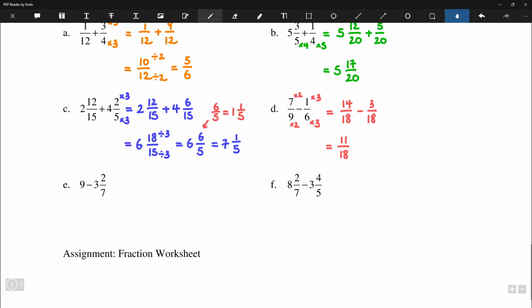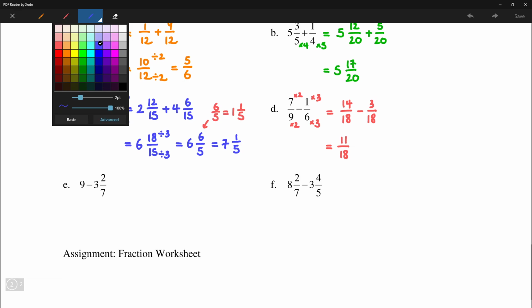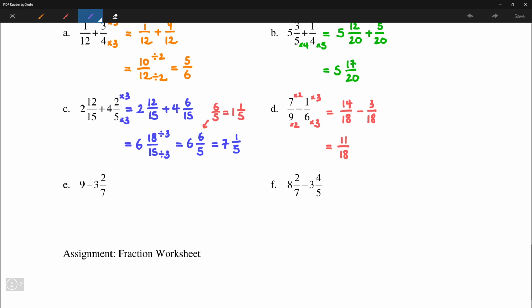This next one is interesting. We have a whole number, a 9, and then minus 3 and 2/7. So one way to do this is to rewrite one of the 9 whole numbers as a fraction. So what I mean is, instead of 9, we can have 8 and 7/7 minus 3 and 2/7.